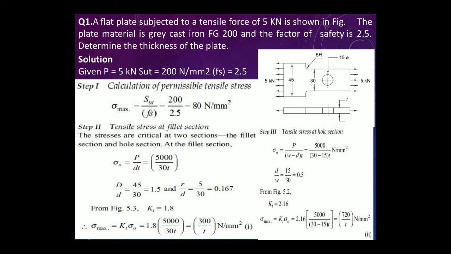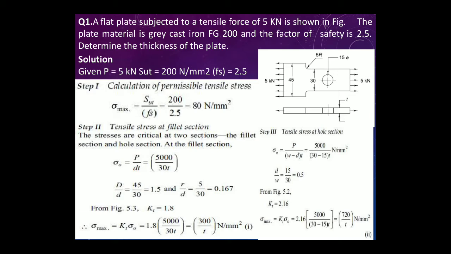The fillet radius is also given and the hole diameter is also given. So here P is 5 kilonewton, and ultimate tensile strength is given as 200 Newton per mm square. Factor of safety is also given, it is 2.5.